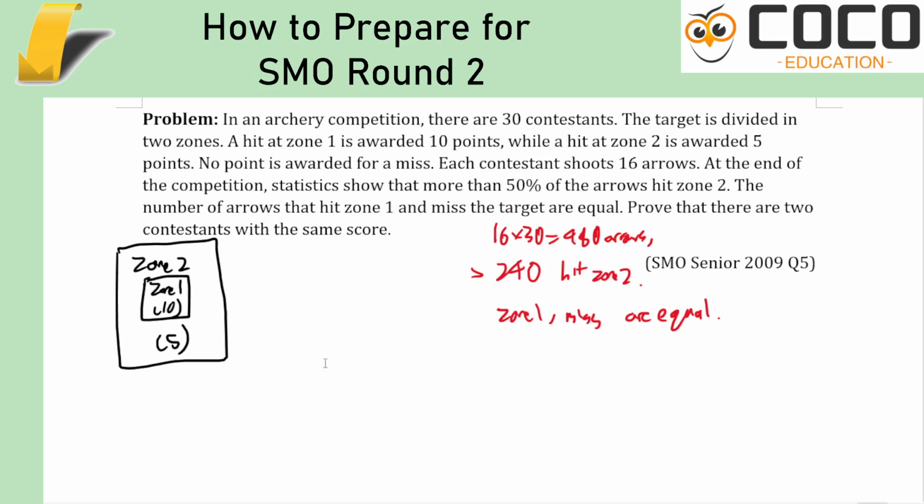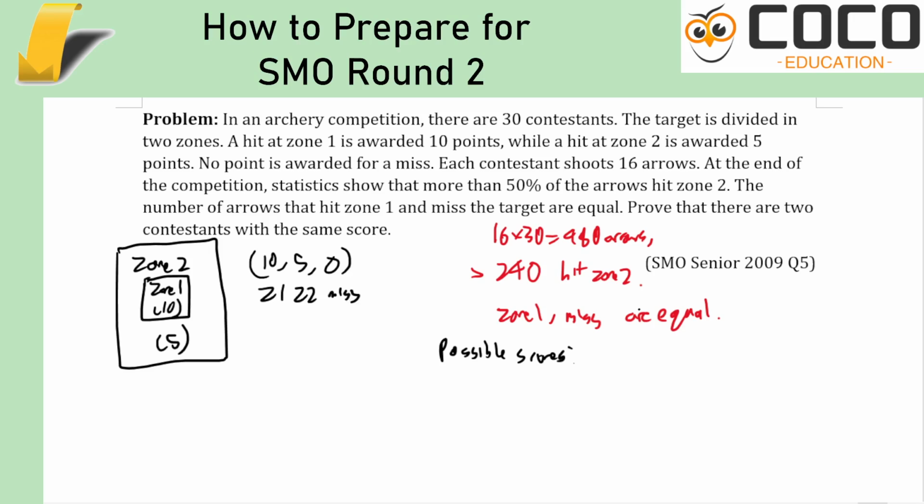Prove that there are 2 contestants with the same score. Now, first of all, I can look at why this may make sense because there may not be many possible scores. So let's literally list out the possible scores. Now the possible scores are all multiples of 5 because there are 10, 5, and 0 for zone 1, zone 2, and a miss.